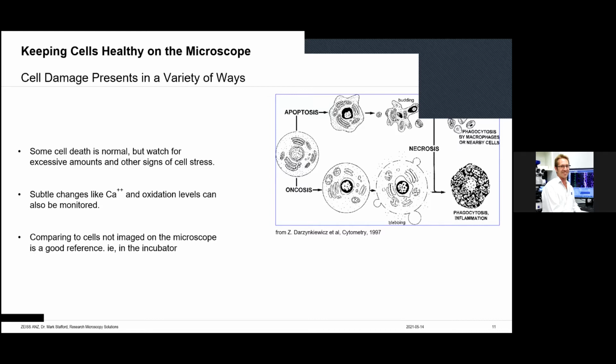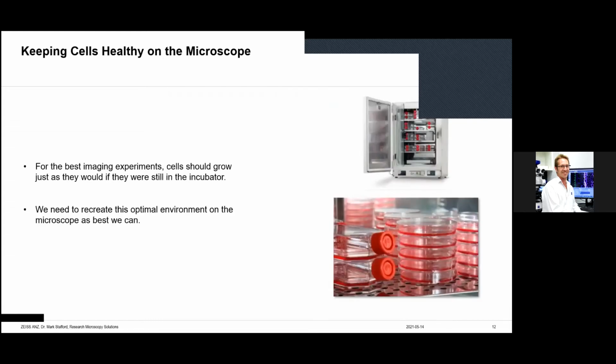We can look at how the cells are going in the incubator versus on the microscope and see whether they are correspondingly healthy. For the best experiments, the ideal situation is that the cells will grow on the microscope just like they do in the incubator. We need to recreate that environment as best we can.